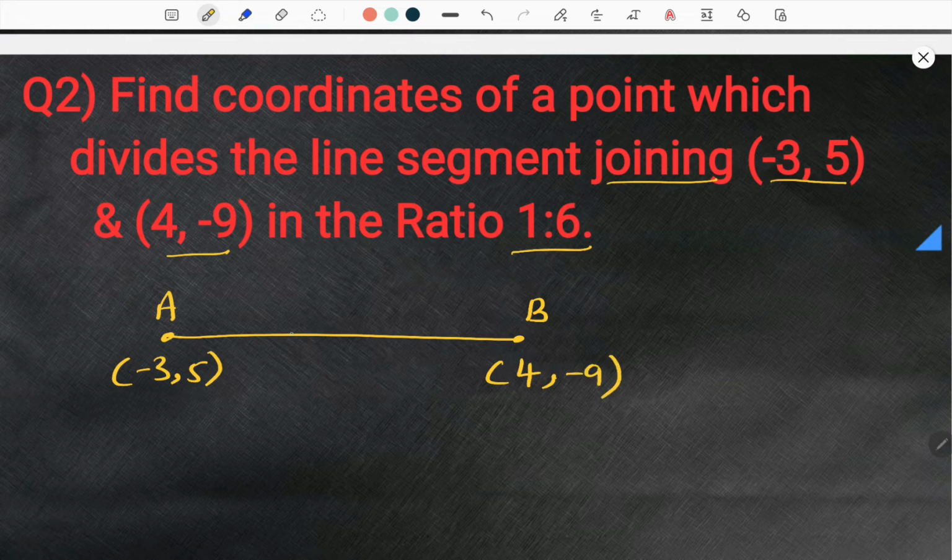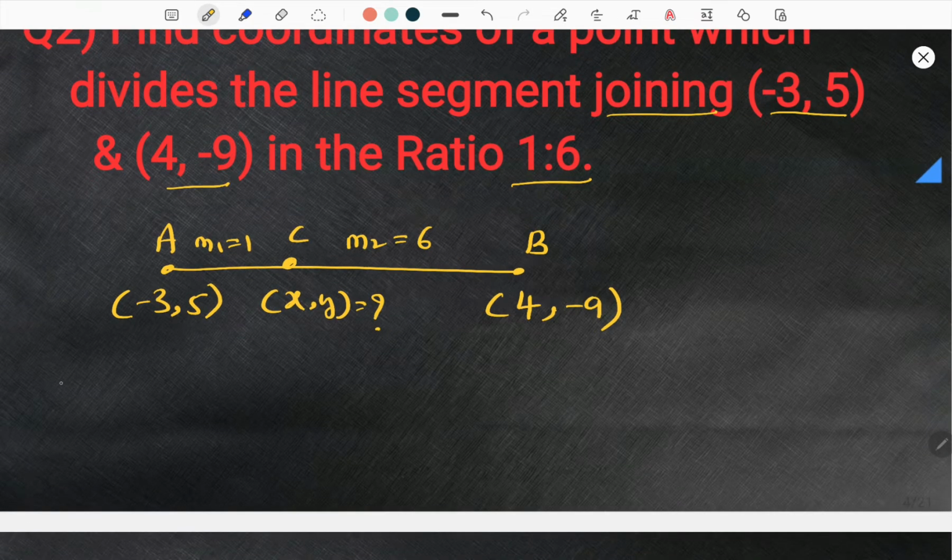Now let us take a point C here whose coordinates are x and y. This is what we need to calculate. The ratio given is 1:6, which means m1 is equal to 1 and m2 is equal to 6.